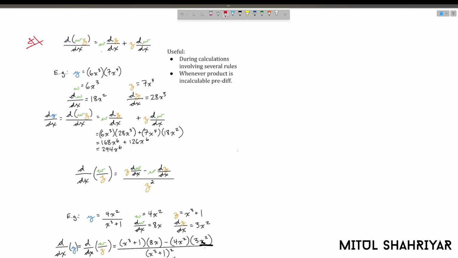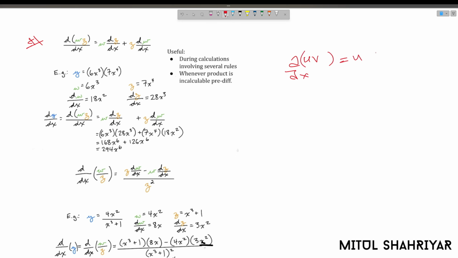If we have this format, so wz, whatever it is, assume that we have two functions or variables, and they are in multiplied version. Maybe you might have learned it as d/dx of uv or something like that.